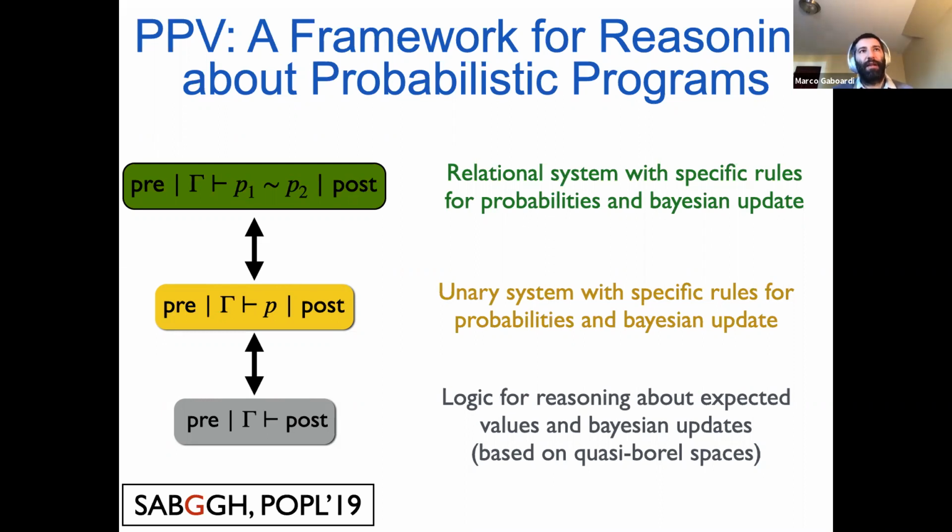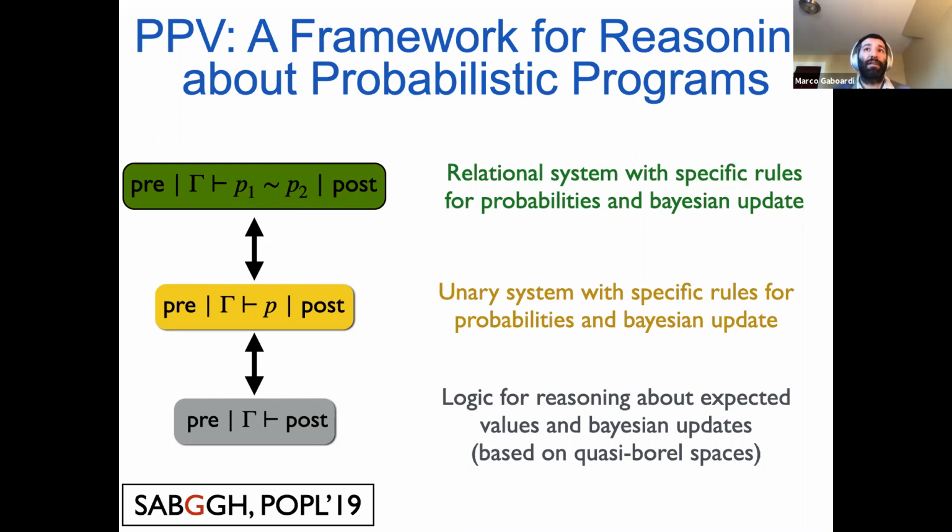This framework has three layers. The bottom layer is a logic for reasoning about expected values and Bayesian update, and is semantically based on quasi-Borel spaces. I see that Hoad was around, so quasi-Borel spaces is a semantics for probabilistic programs that Hoad and many others have developed, and we use their work as a foundation of our work.